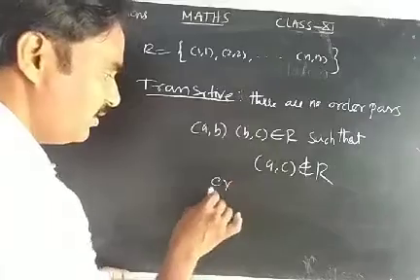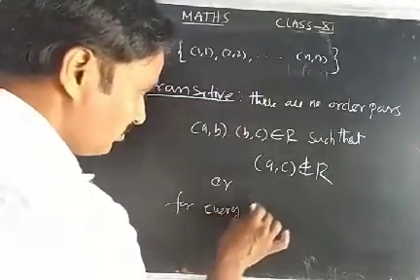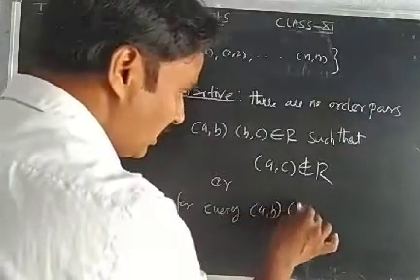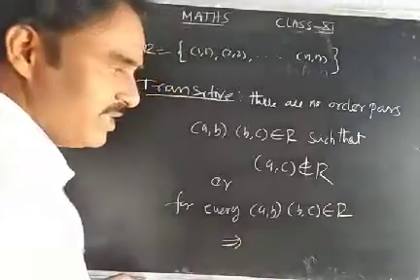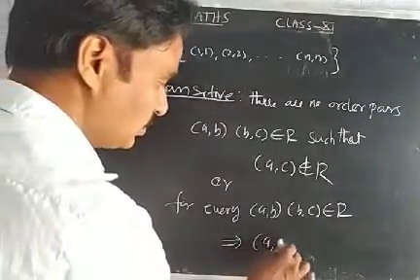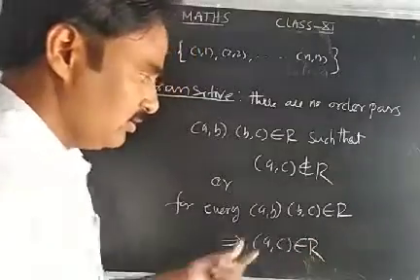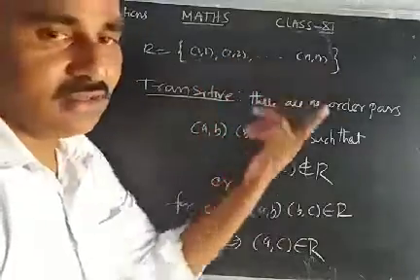Or how can we write? For every (a, b), (b, c) belonging to R, that implies (a, c) belongs to R. (a, b), (b, c): possible or not possible?